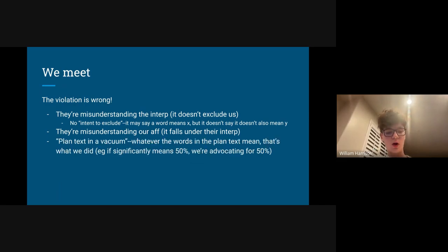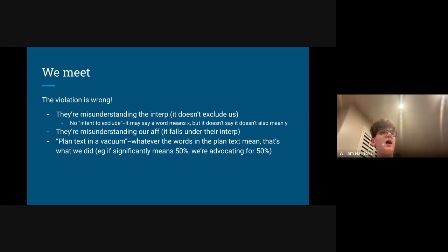Or this weird argument called plan text in a vacuum, which is that if they win that some word in the resolution or in our plan text means this thing, then because that word is in our plan text, that is what we advocated for. So if significantly means 50%, then we, by definition, are advocating for 50% because that's what significantly means.